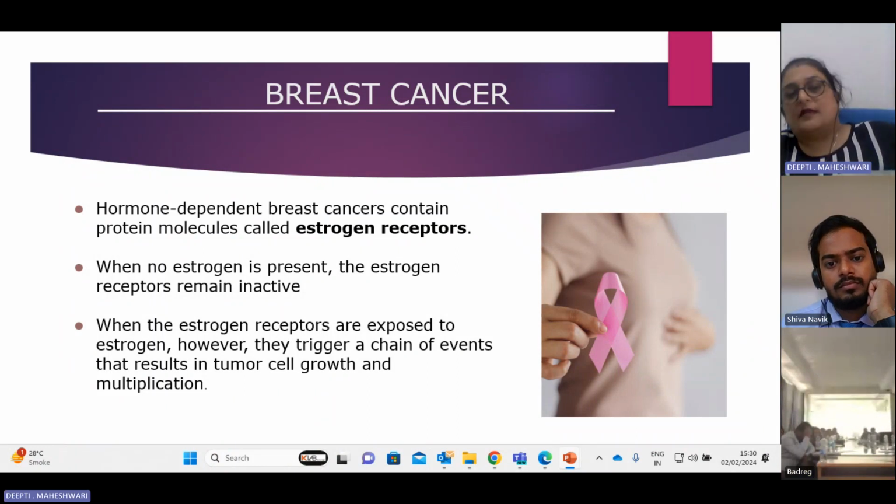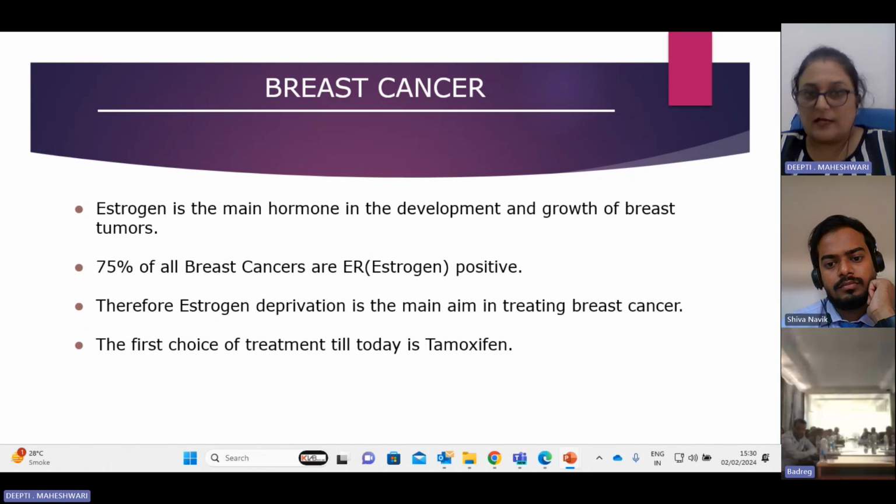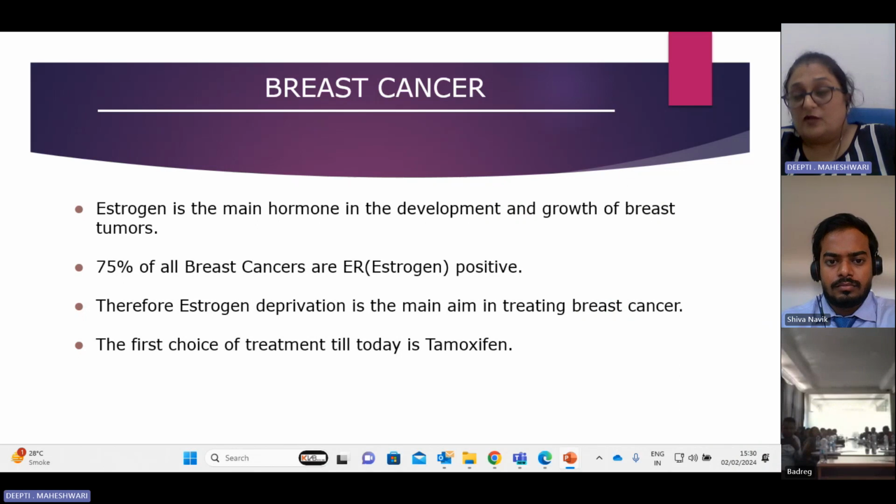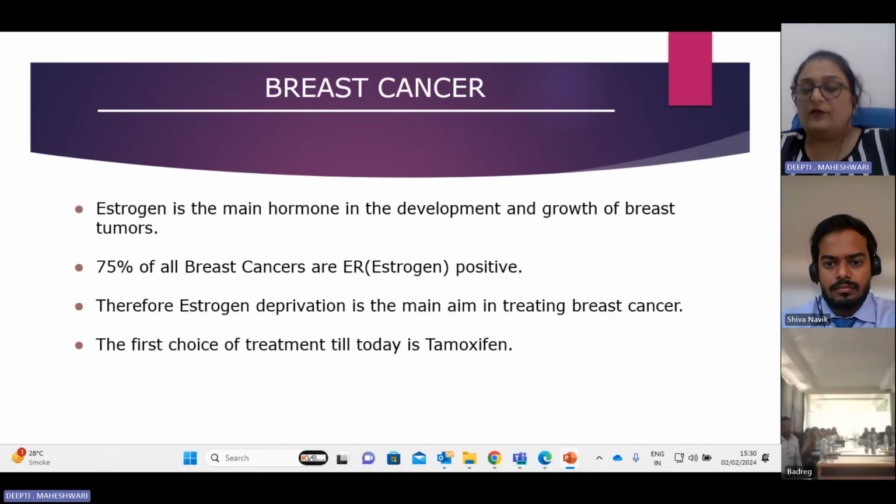When the estrogen receptors are exposed to estrogen, they will trigger a chain of events because of which the multiplication of cells will take place. As I told you, estrogen is the main hormone responsible for growth and development of breast cancer. 75% of breast cancer patients will be estrogen receptor positive. Therefore, the main purpose has to be to deprive the patient of estrogen.